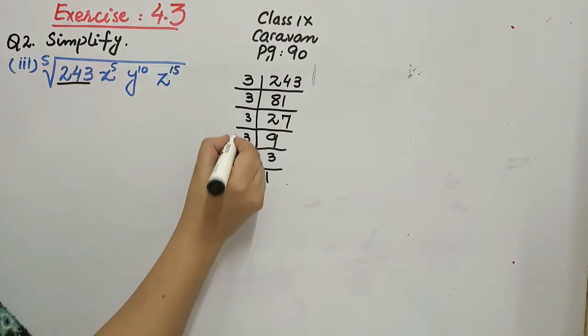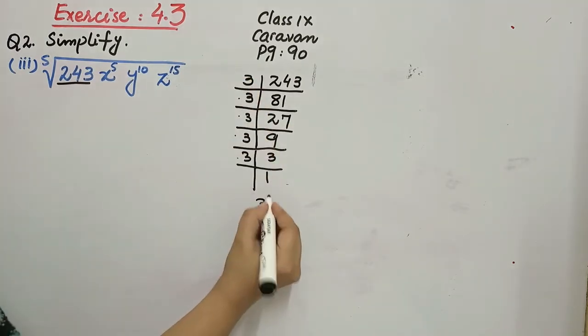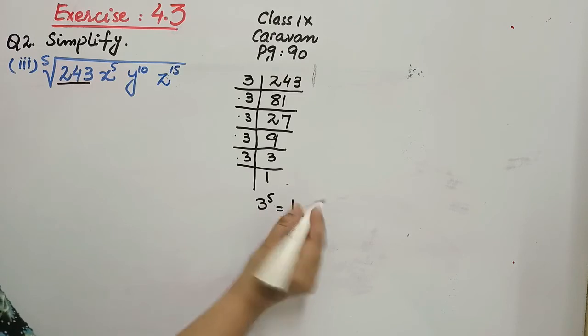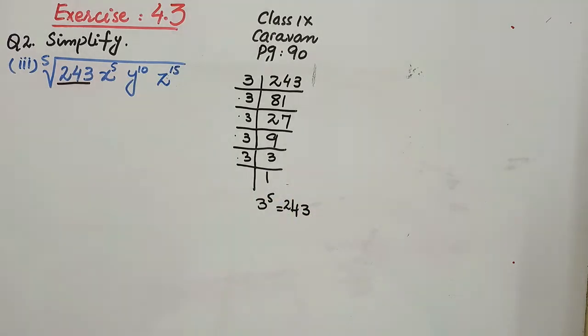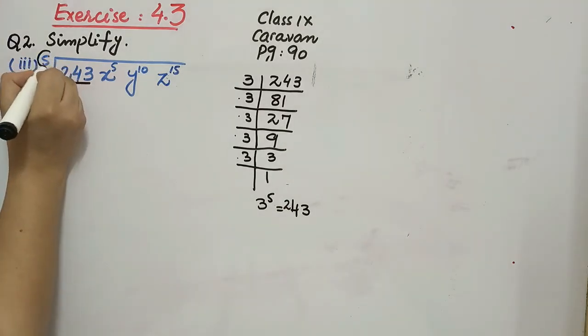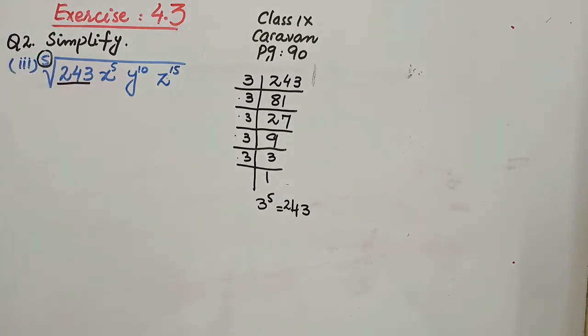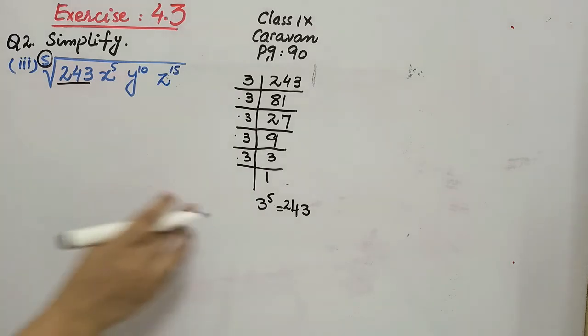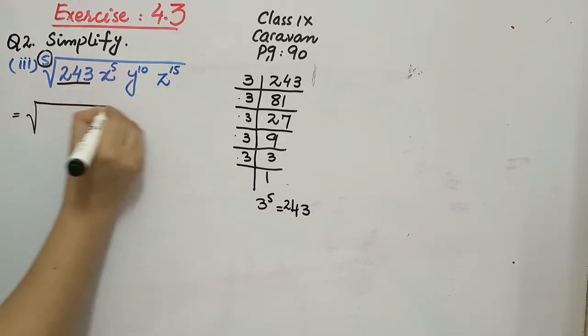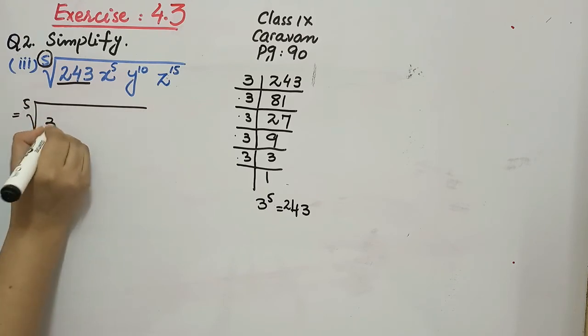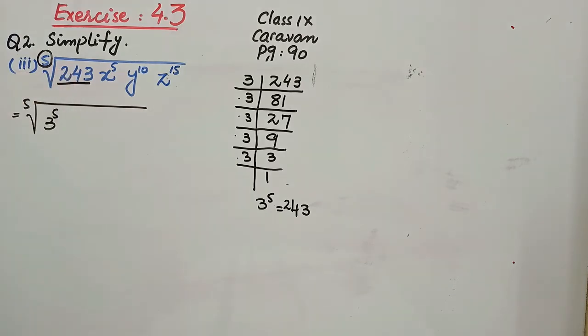So it will be 1 2 3 4 5. 3 raised per 5 is equal to 243. So right now we are having index 5, so I want the fifth part. Fine. So here I am going to replace 243 with 3 raised per 5.